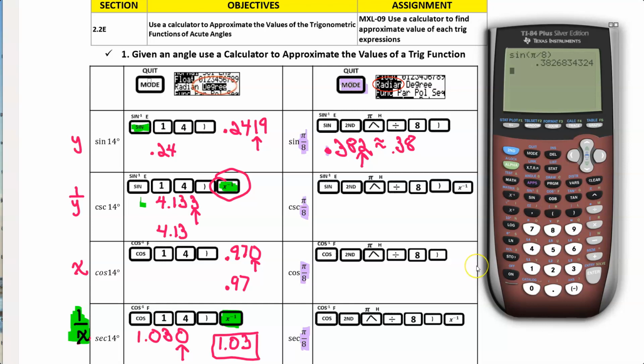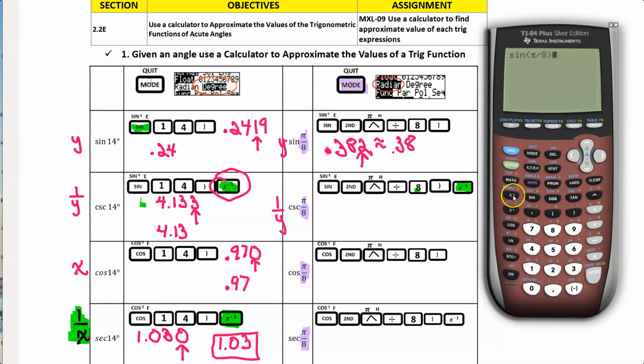Okay, now cosecant, so this was the y-coordinate, this is cosecant, that's 1 over y. So at the end of this, we're going to press the reciprocal button. Right, so clear, sine, second arrow, that puts my pi in, divided by 8, close the parentheses.